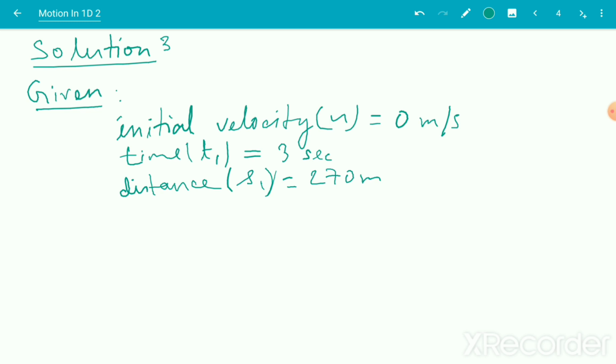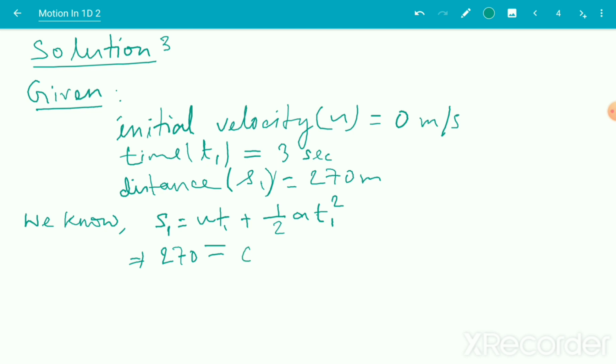Okay, how? We know s is equal to ut1 plus half a t1 square. This is s1, so s1 is 270 meter. As u is 0, the first term on the right hand side turns out to be 0, plus we need to find the acceleration. We have considered the acceleration to be a, half into a into t square, means 3 square.